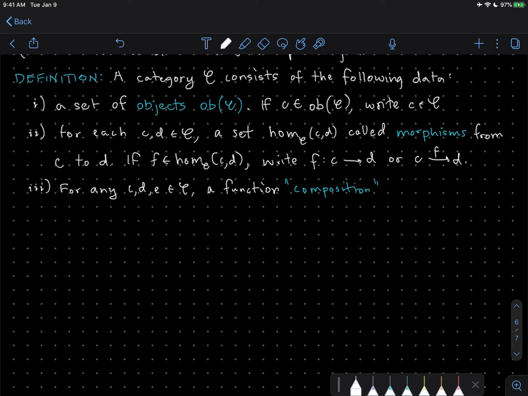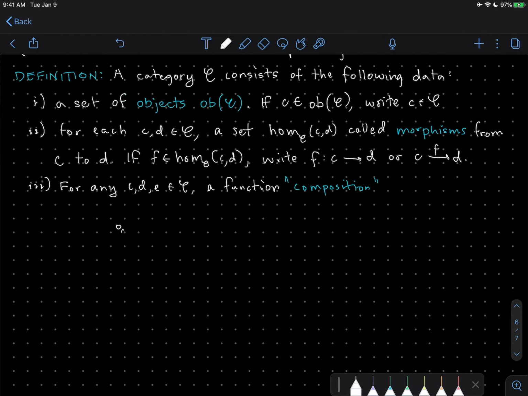That is written as a little circle, and right now I will include the subscripts C, D, and E, but after we list one condition that these data are subject to, I'll be able to comfortably omit those subscripts because no confusion will arise.